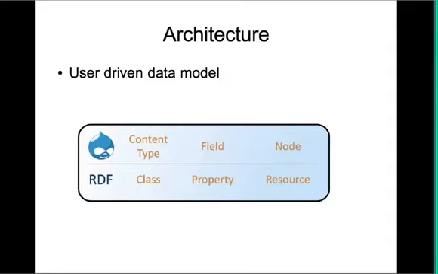They create several content types, then add fields to these content types, and then create nodes that basically instantiate a given content type and have all the fields that were set up for it. When we export in RDF, we map each of these concepts to an RDF concept. Content types become an RDF class, fields become an RDF property, and nodes become a resource in RDF.